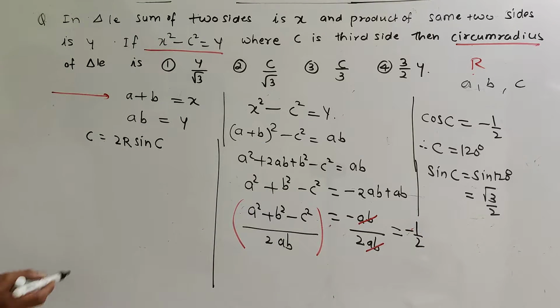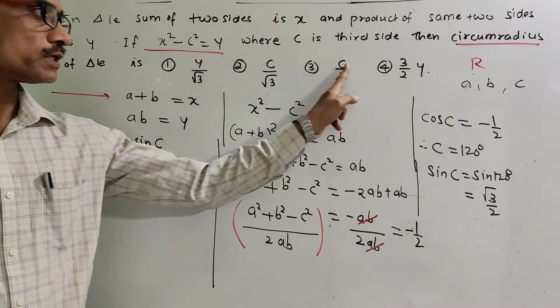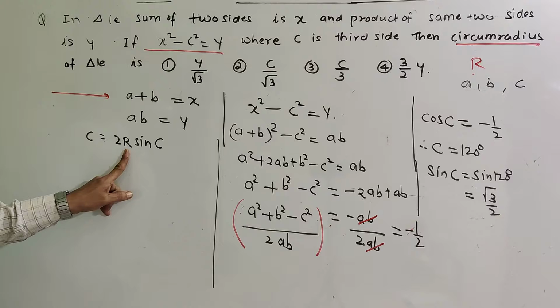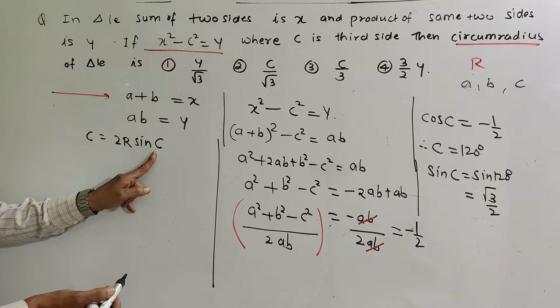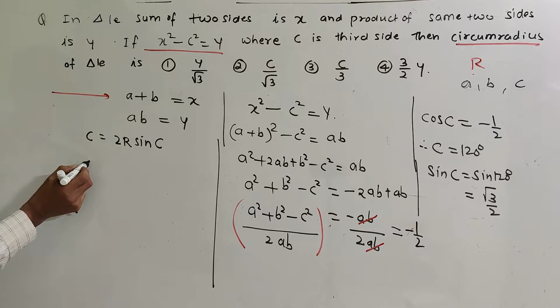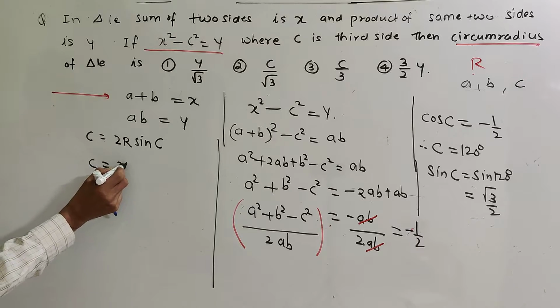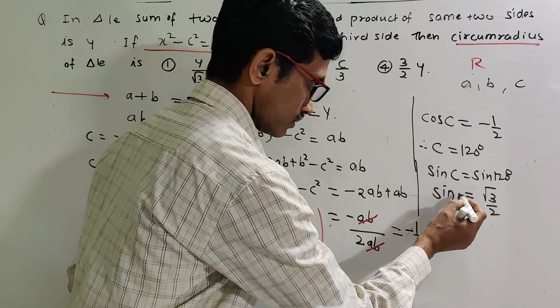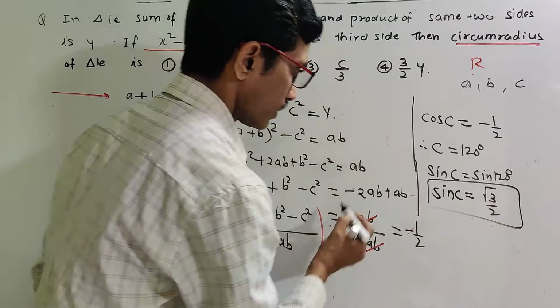And therefore, in terms of c we are required. So c we don't know, but R we know. Here sine C we know, so c is equal to 2R sin C, where sin C is root 3 by 2, known to us.